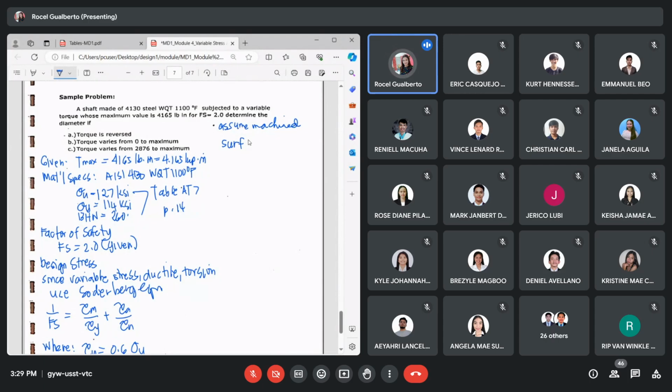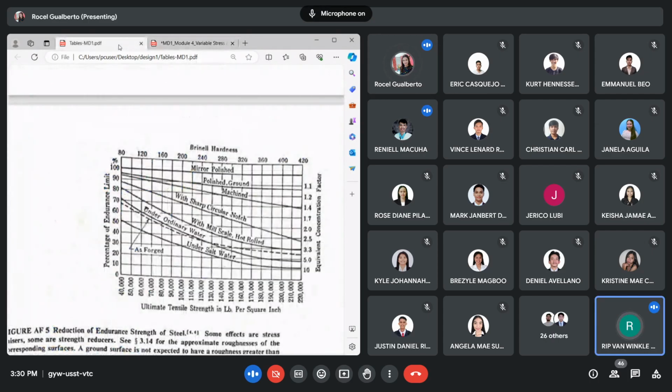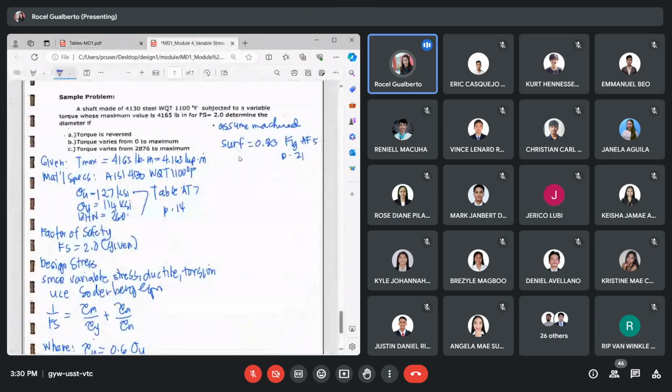Yun po yung pinaka-malapit natin na estimate. So, surface factor equal to 0.83 taken from figure AF5. This is on page 21. Tama po ba? 21 nga ba? 22? 21 po, ma'am. Okay, tama. Okay, so this is the surface factor.